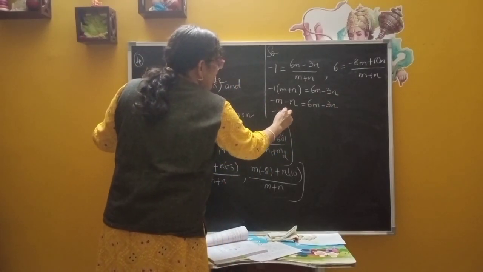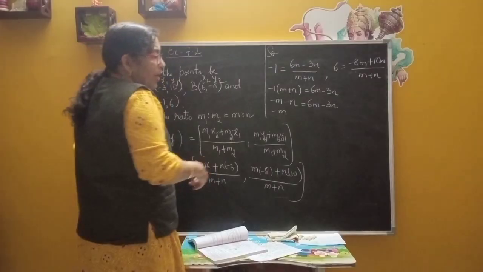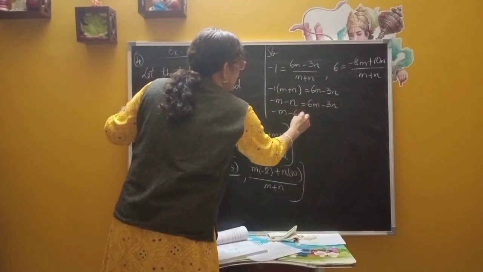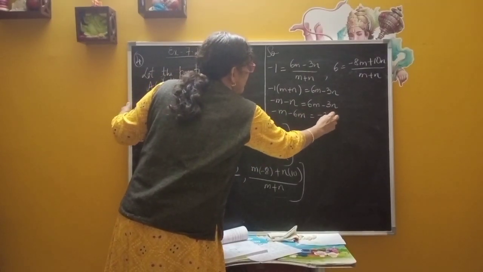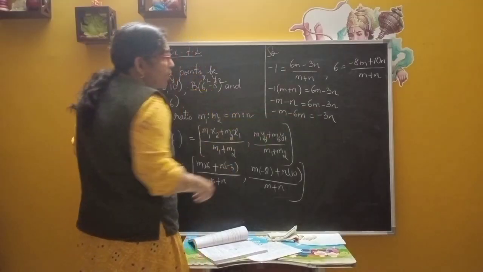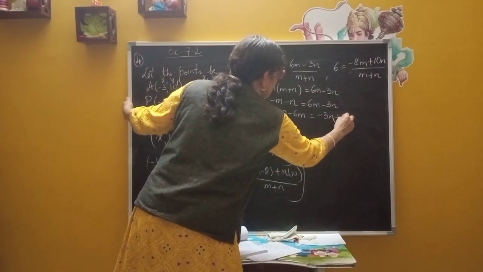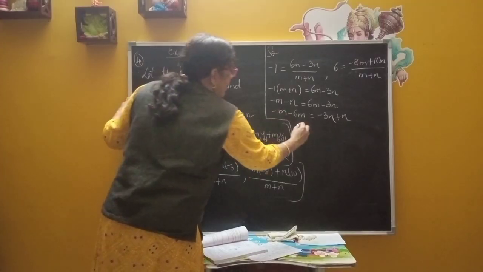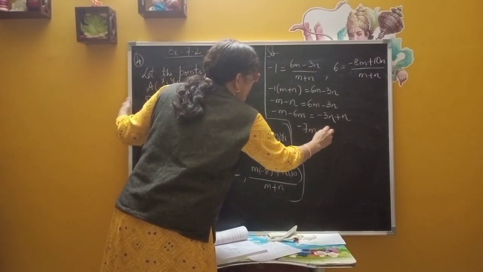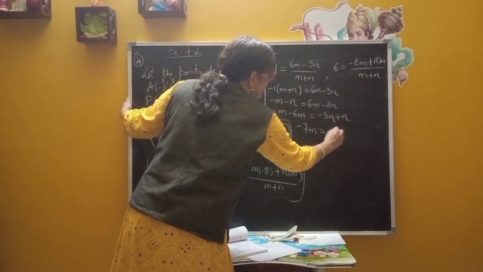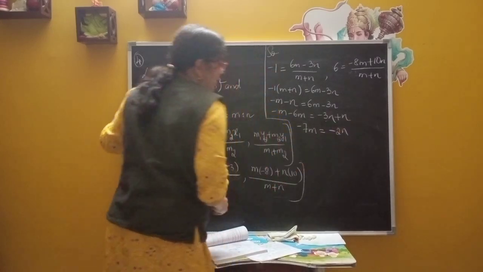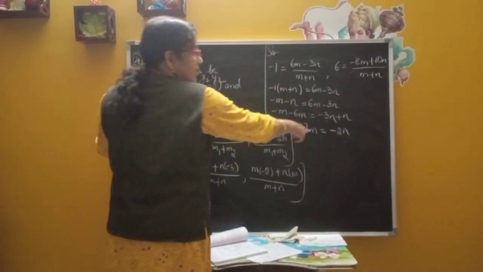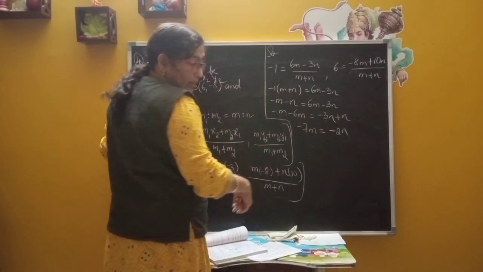I bring this 6m to the LHS, that is minus 6m, and bring minus 3n to the RHS, so plus n it is. So what do we get now? Minus 7m is equal to minus 2n. Both the sides have negative signs, so they get cancelled.